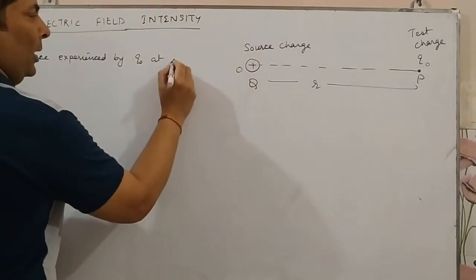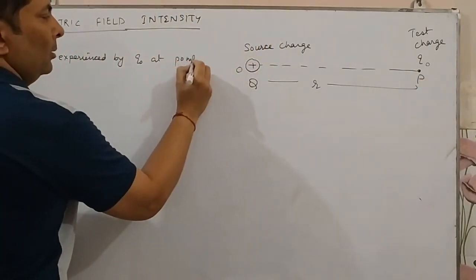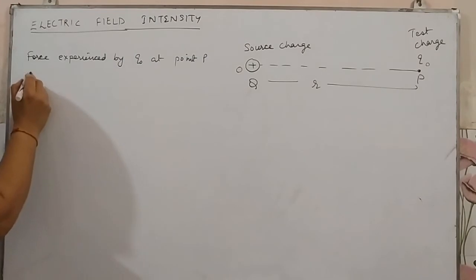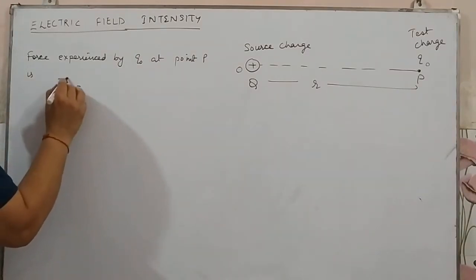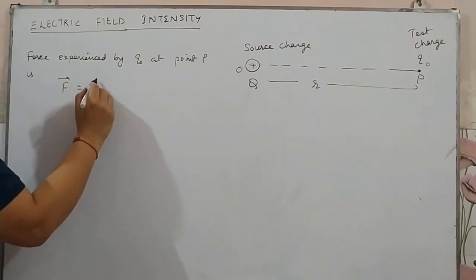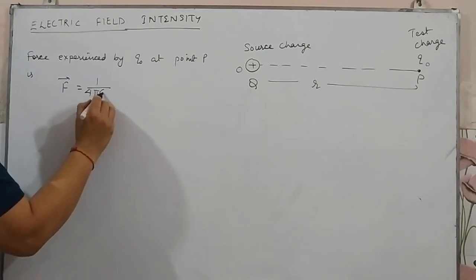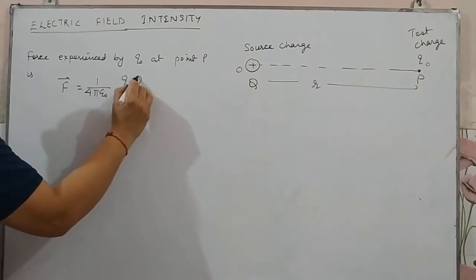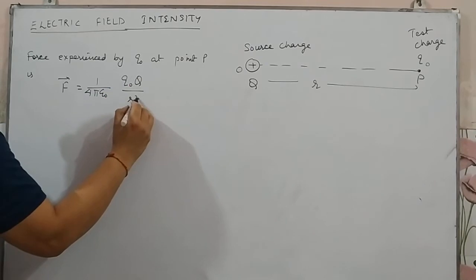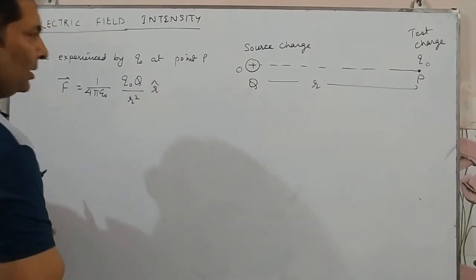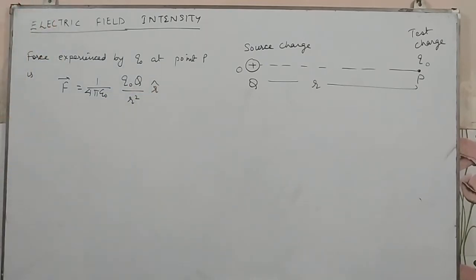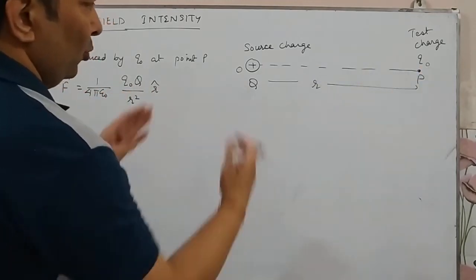So Q0 at point P experiences a force F equals 1 upon 4 pi epsilon naught Q0 Q upon R square, and we are taking the direction here as R vector. If it is a positive charge, R will be pushing it away.